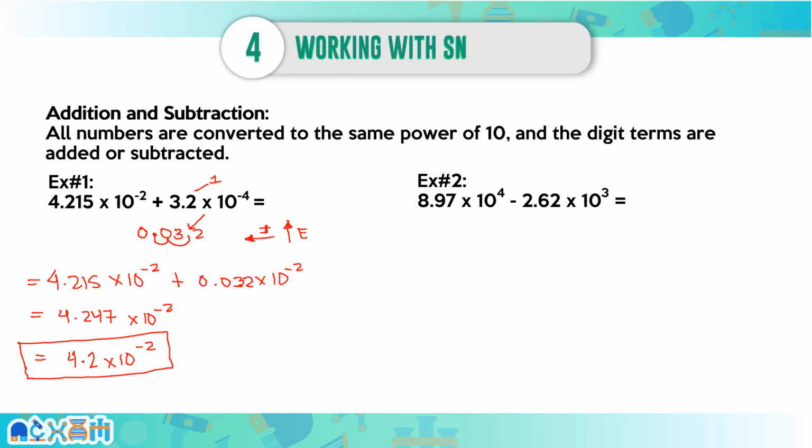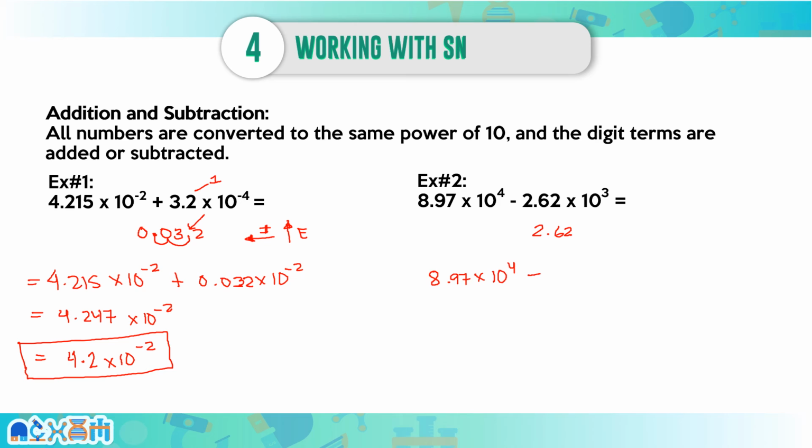Next, we have 8.97 times 10 to the 4th minus 2.62 times 10 to the 3. This time, what I want to do is I want to increase the 3 and make it 4. So I'm going to write this first. 8.97 times 10 to the 4 minus. So from times 10 to the 3, I'm going to write it down, 2.62.